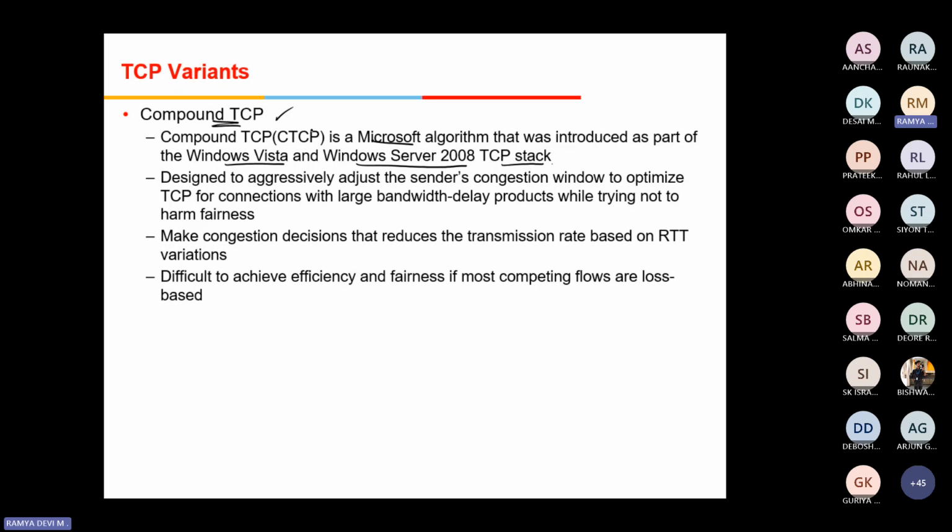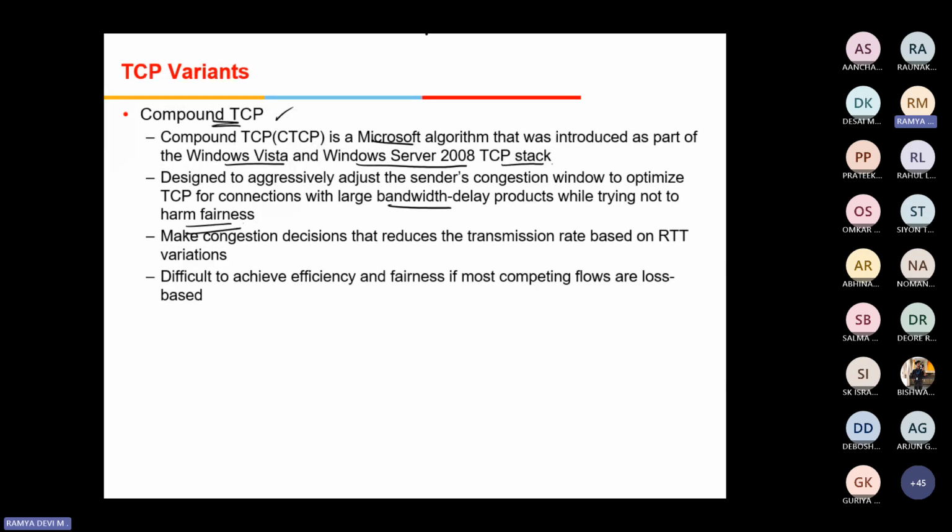So compound TCP is designed to work on high speed networks, by combining the bandwidth utilization together with RTT-based congestion detection, for large bandwidth delay products, in order to provide higher fairness.